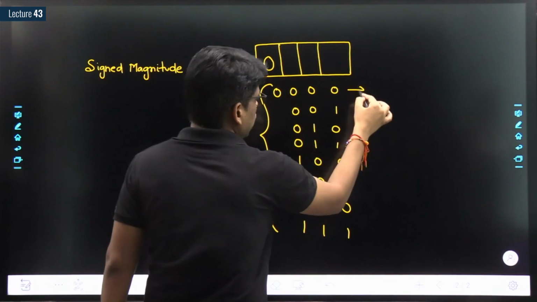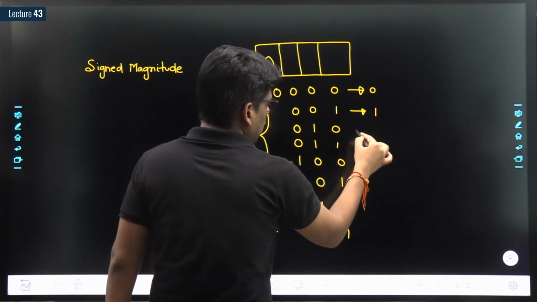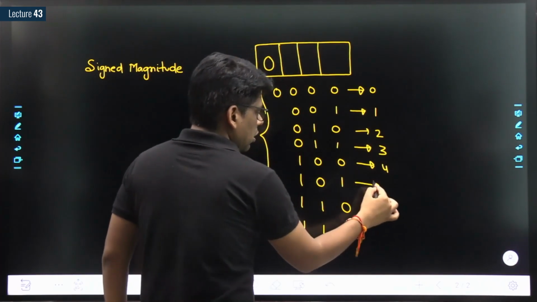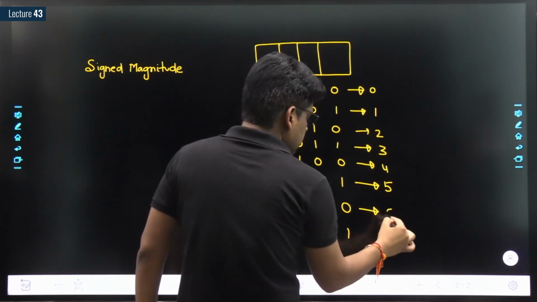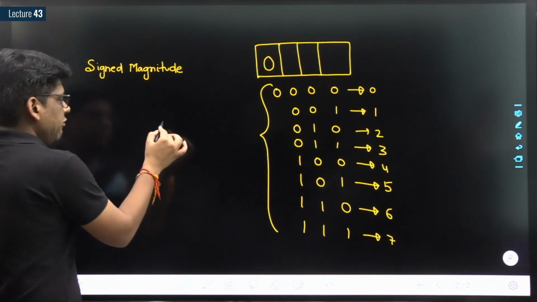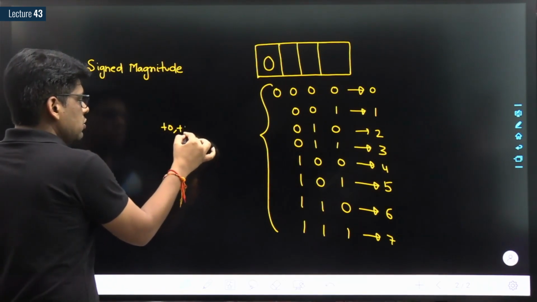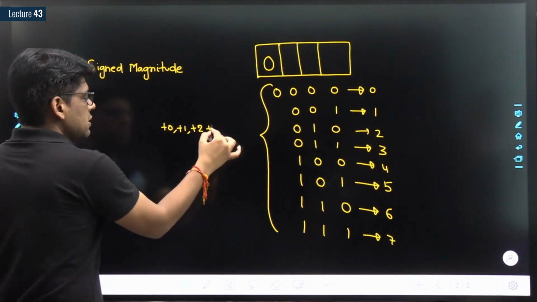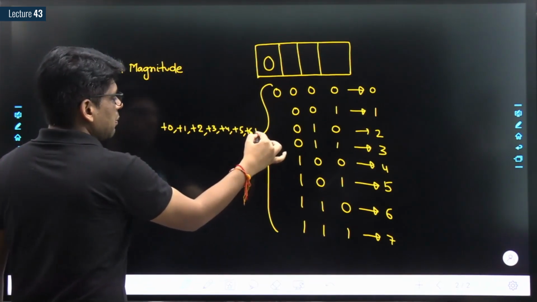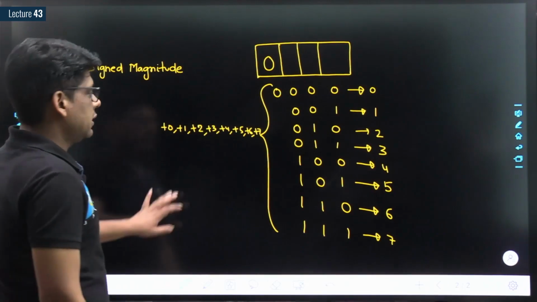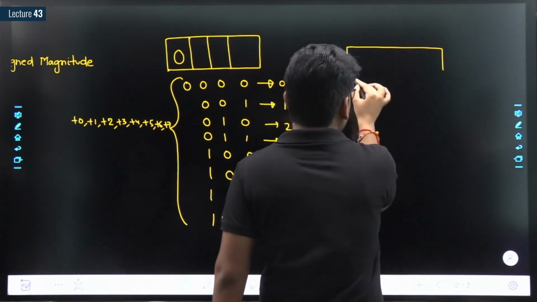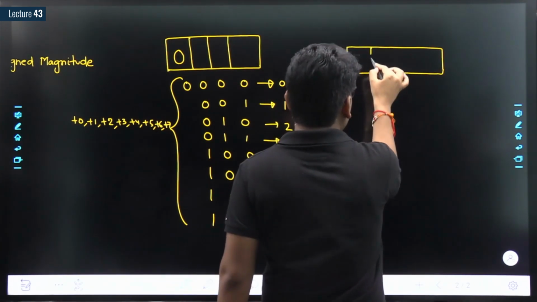That means the values are 0, 1, 2, 3, 4, 5, 6 and 7. For positive numbers we have plus 0, plus 1, plus 2, plus 3, plus 4, plus 5, plus 6, plus 7. Again, for the same 4 bits, the sign bit could be negative also.